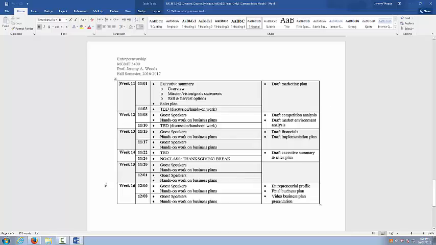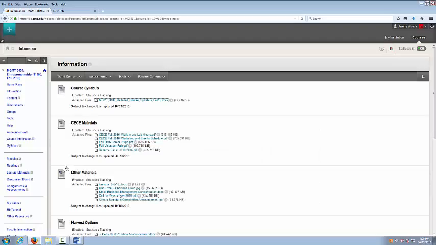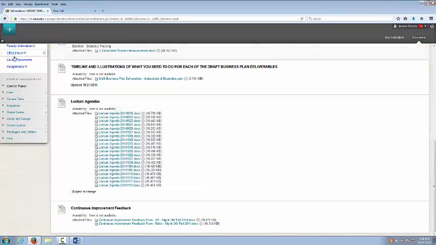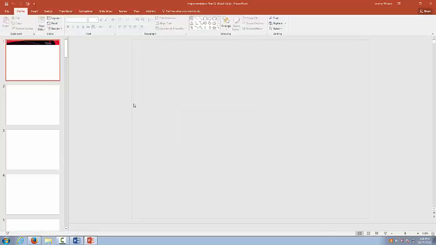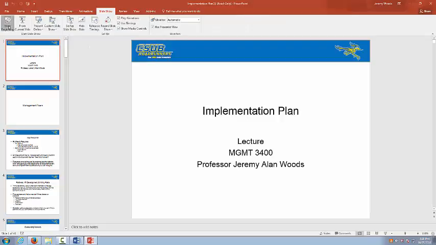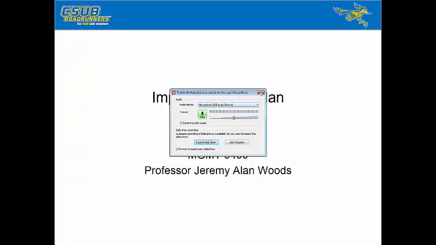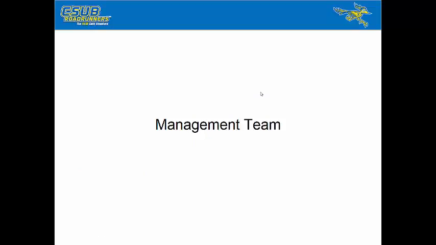Okay, let me dive in on the implementation plan lecture. So there's a number of different sections to the implementation plan.